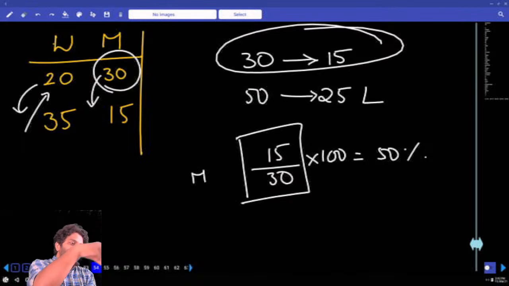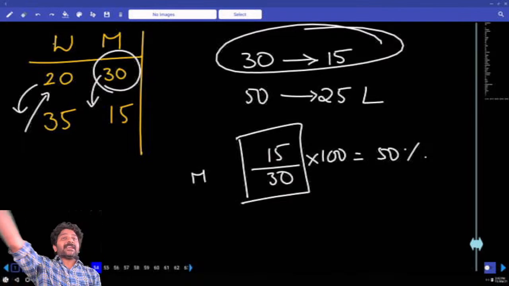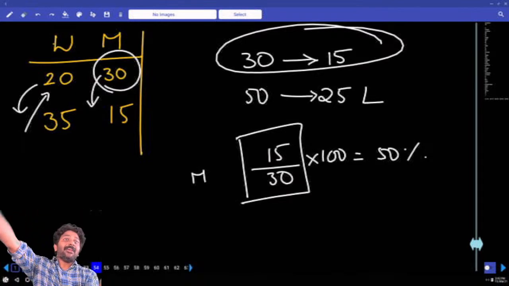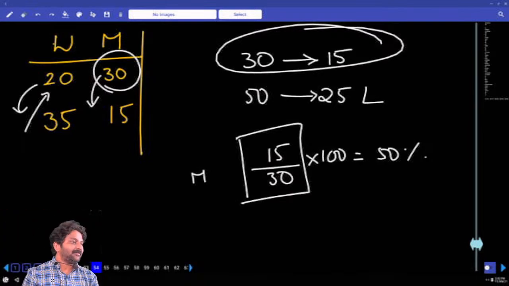That means we can say 50% milk is going out. Can I say 50% quantity is taken out? Yes. If 50% milk is going out, 50% of water also goes out. That means 50% of the total is going out. Did you get the point? Yes.